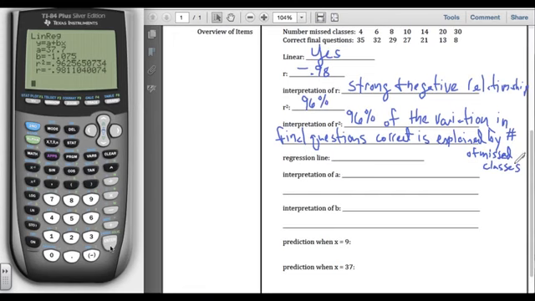It's the percentage of variation in Y that's explained by X.